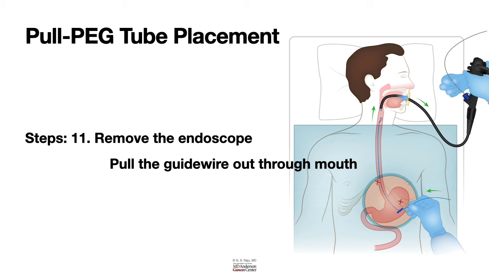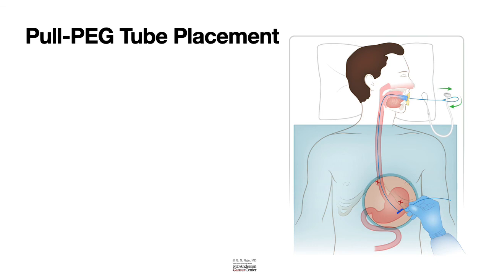Take the PEG tube and loop it around like shown here. Loop the guide wire around the PEG tube, and that is very important.